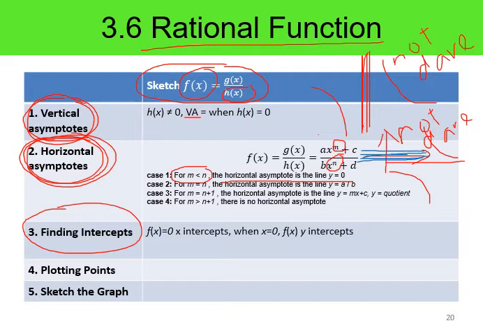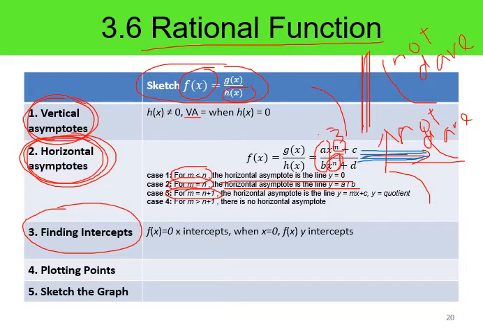Let's say case number 2, when m equals n. Let's say m is power of 3 and then n is power of 3 too. So the horizontal asymptote line is y equals a divided by b. The case number 3, for m equals n plus 1.